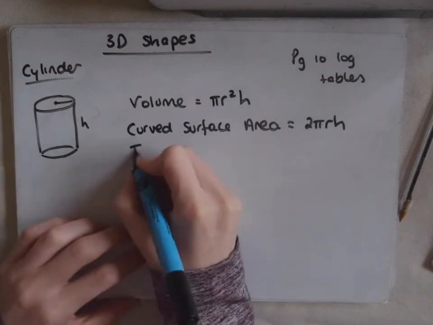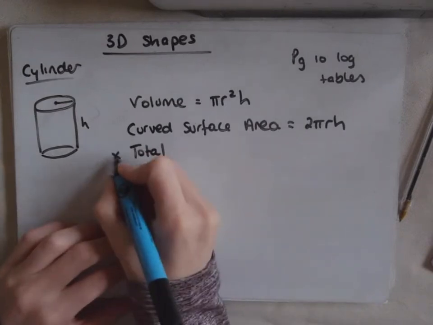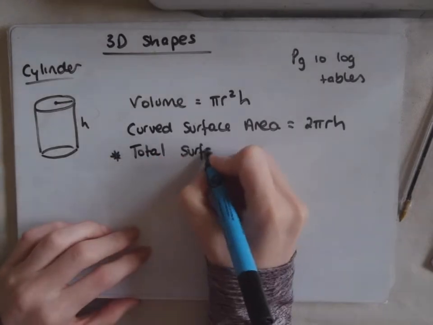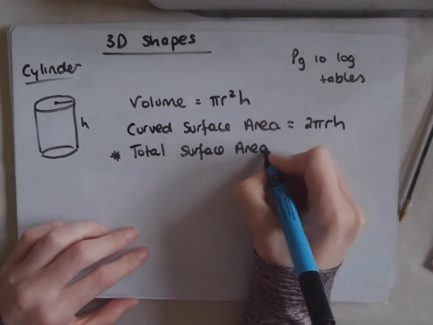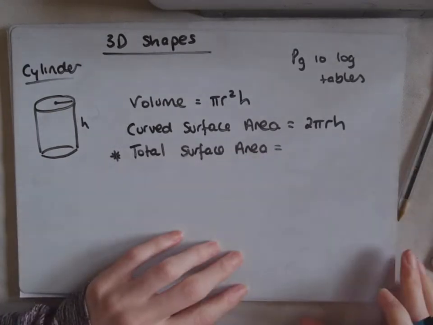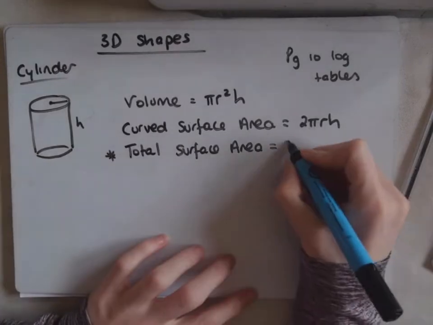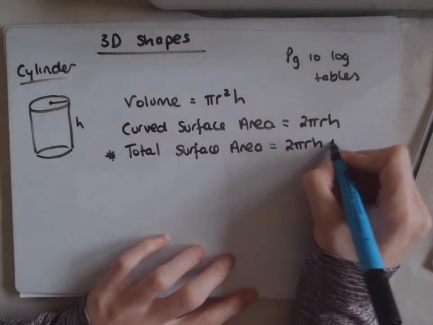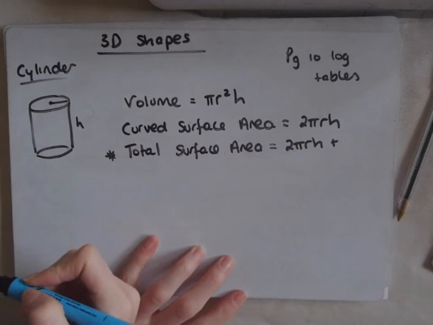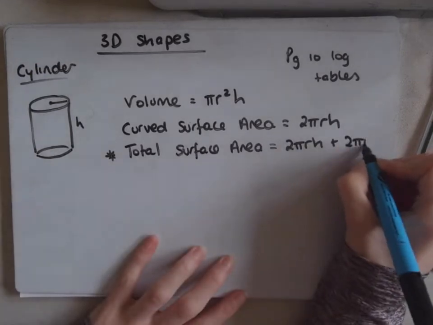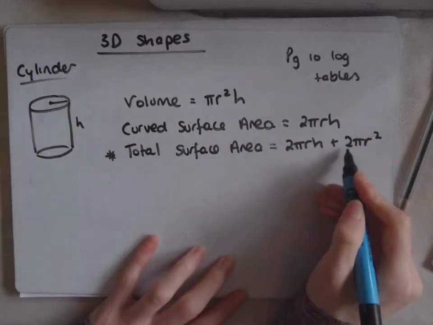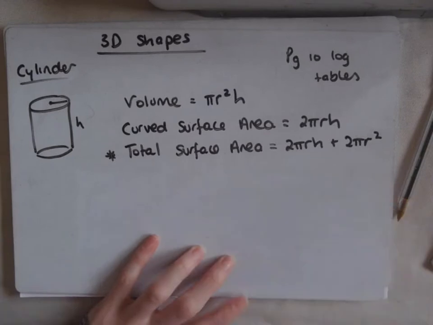Now total surface area isn't given to you, so you need to learn it, okay? But in general, total surface area is just adding on circles, okay? So the total surface area is the curved part, 2 pi r h, plus you've got a circle on the top and a circle on the bottom, 2 pi r squared. Okay, you've got two of them. Pi r squared is your circle, there's two of them.